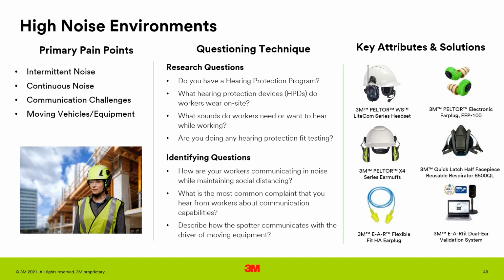When there's equipment around them, that noise level can be hazardous. So we have them hearing protected, but we also have included external microphones, which allows the worker to be aware of everything that's going on around them, such as forklifts, trucks, fellow coworkers communicating with them.